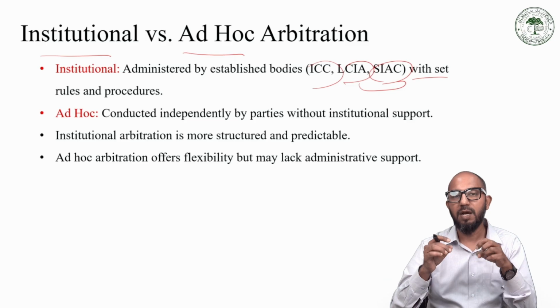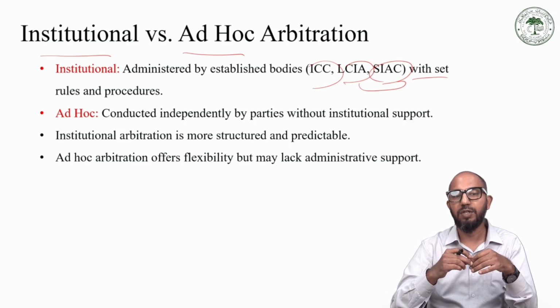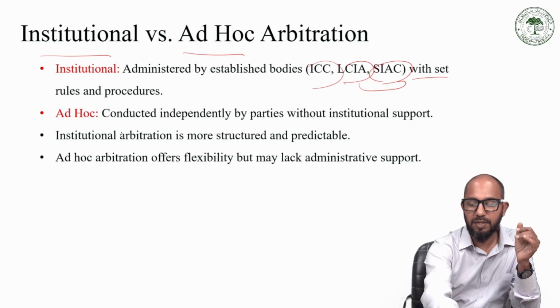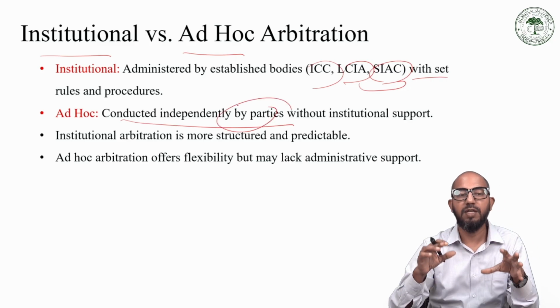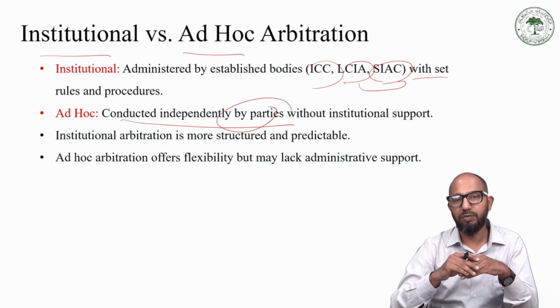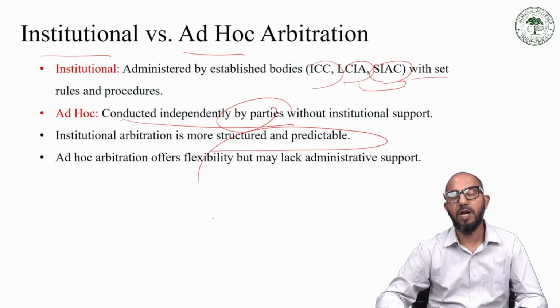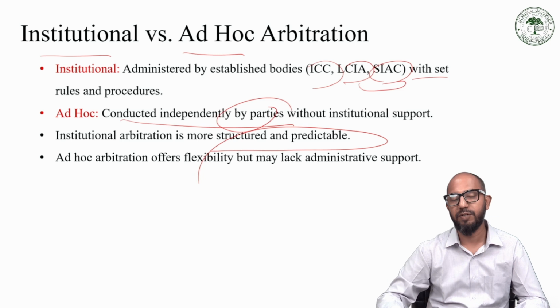On the other hand, ad hoc arbitration is conducted independently by the parties without any institutional support. Thus, institutional arbitration is more structured and predictable in comparison to ad hoc arbitration.